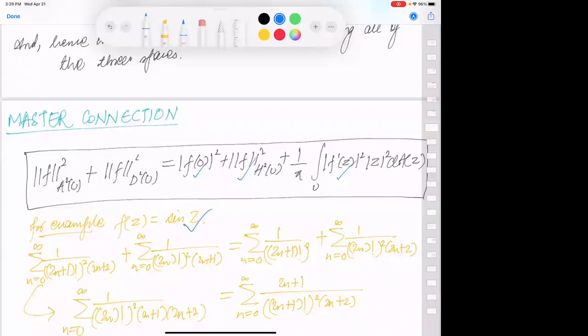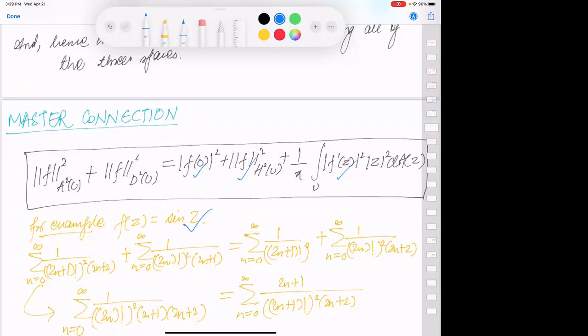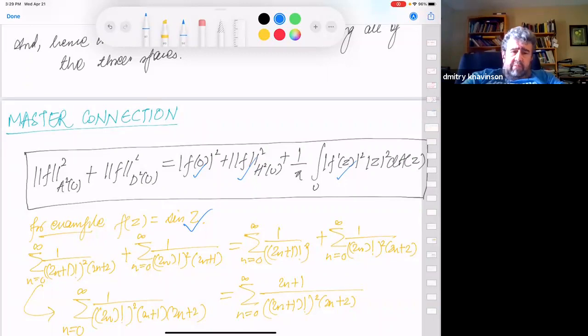I'm not sure where all these things can be right. Well, they're correct if you take a function in the smallest space, the Dirichlet space, then it's correct. But other than that, it's not, because of the containment of the spaces.